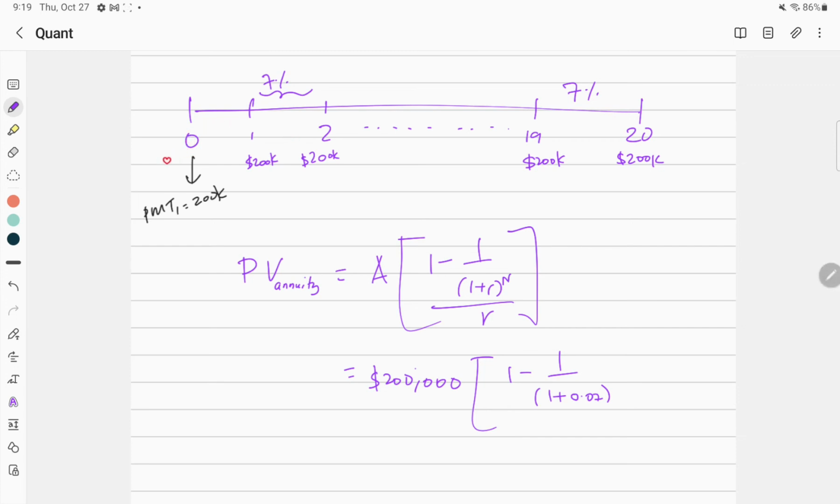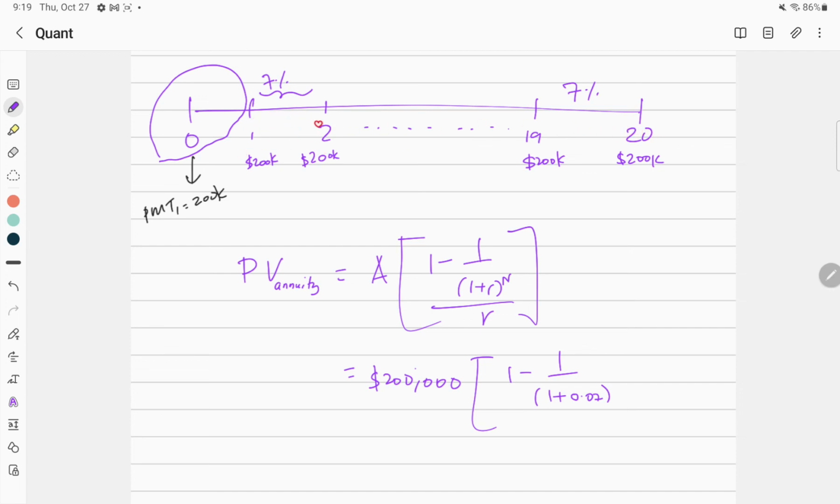So for a while, let's forget the first year and start from here to here. If we think about this as an ordinary annuity, because this payment is occurring at the beginning of the year, today, but for the next years, the payment is occurring at the end of each year, this is going to mess up our calculation. So let's take it out and see it from the first year up to the 20th year. How many years do we have?